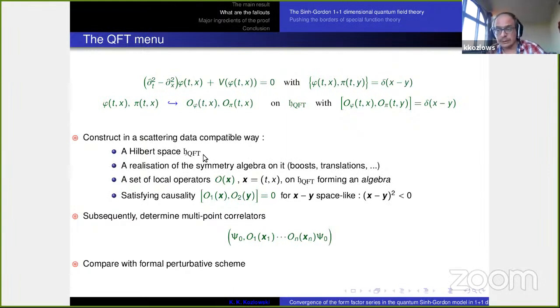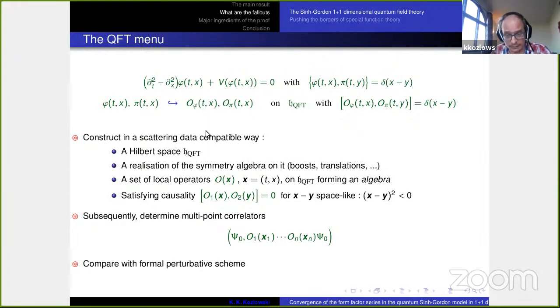And moreover, what you want is that your theory be causal. So you need to check that the operators you construct in this way satisfy causality, namely that the commutator of two fields will vanish whenever they are space-like separated.